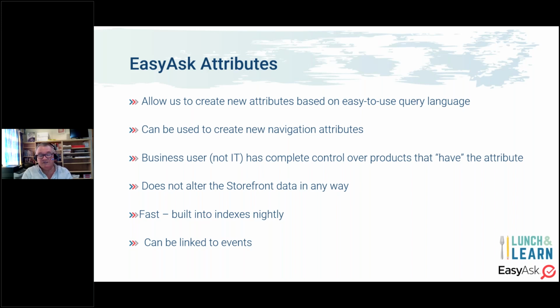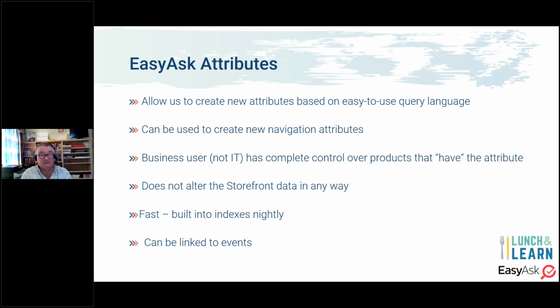It's very fast. We build the indexes for these attributes as part of the nightly build process to keep it really fast. So they're very fast in terms of operation. So when your users click on a new attribute, they'll get a near instantaneous response with the appropriate products. And finally, these attributes can be linked to events.